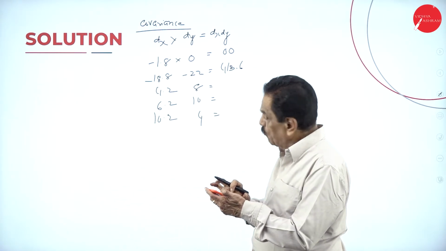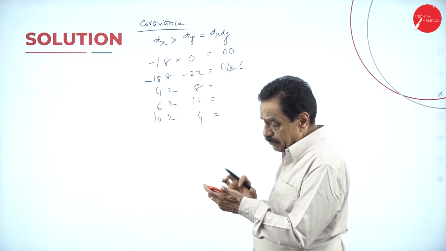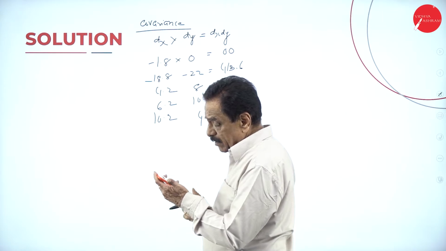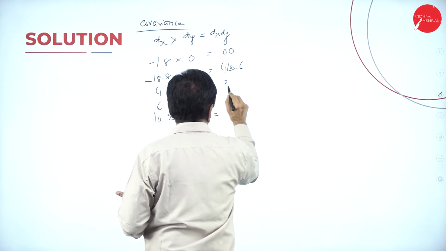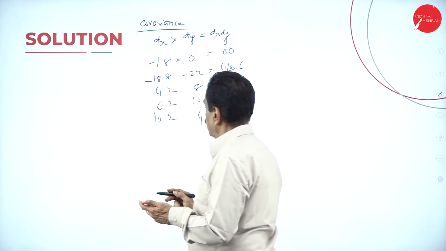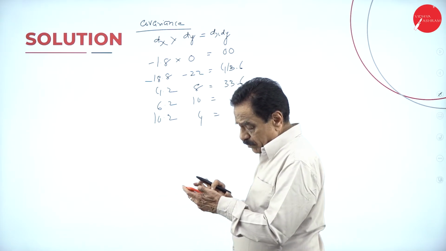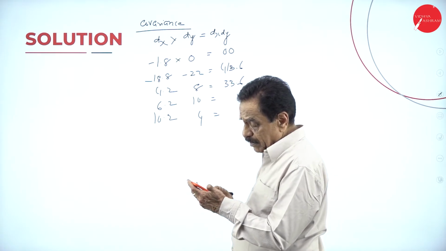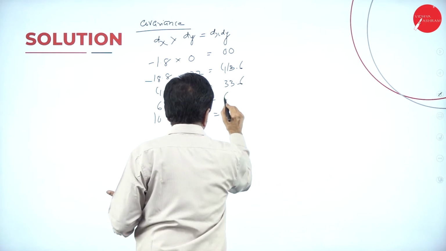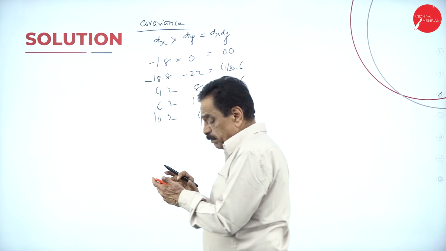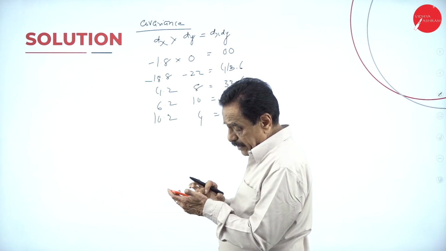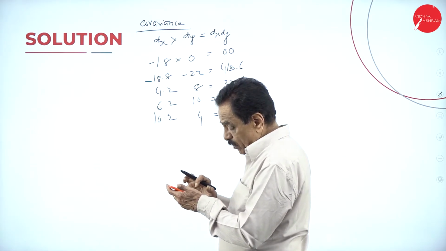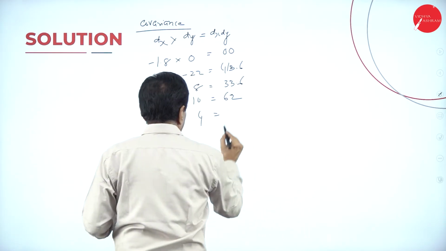Then 4.2 into 8 is 33.6. 6.2 into 10 is 62. 10.2 into 4 is 40.8.